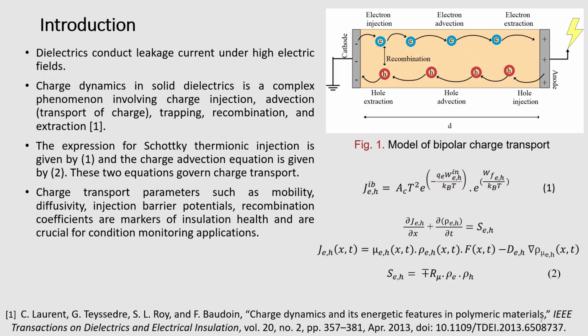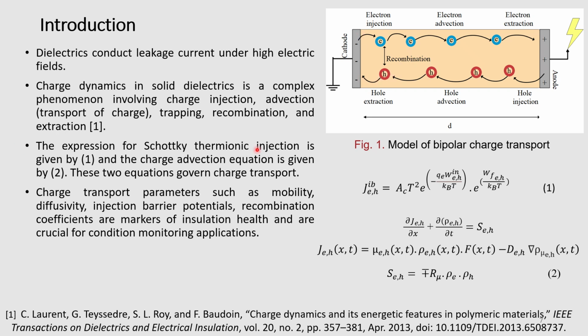So now let's formally introduce you to the topic. Ideally, insulators should not conduct electricity, but in reality, insulators do conduct a minute current in the form of electron and hole transport. The dynamics of charge evolution involves charge injection from the metal electrode into the dielectric and charge advection through the dielectric, recombination between electron and hole pairs, and finally charge extraction as the charge meets the counter electrode.